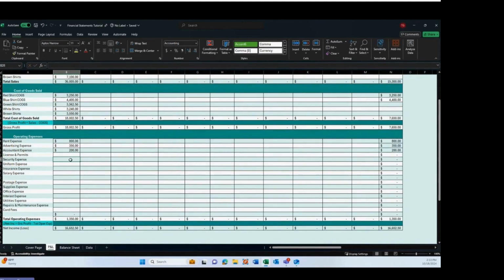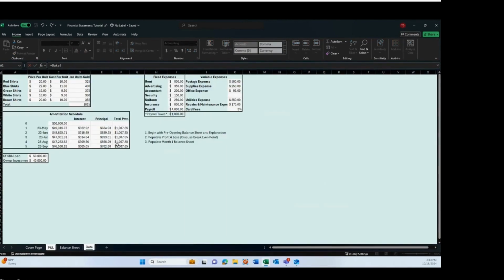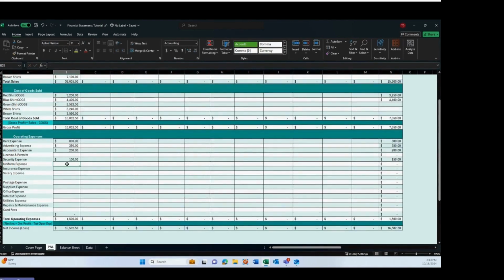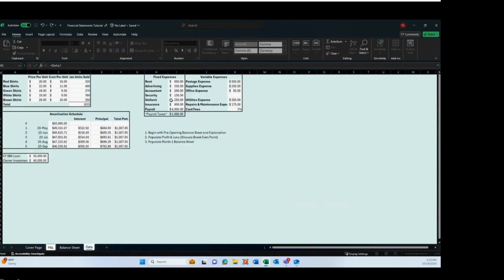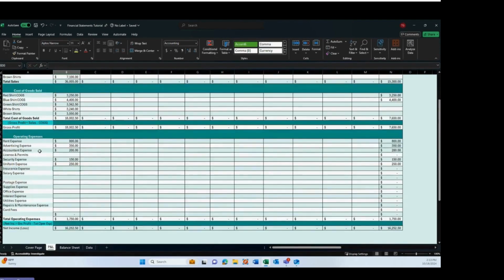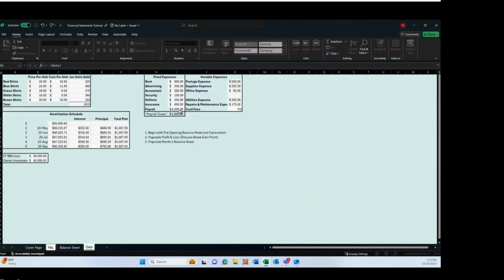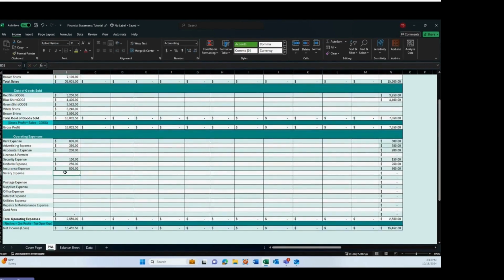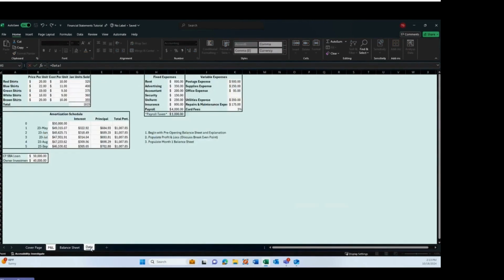Security expense equals, enter. Uniform expense equals, enter. Insurance expense equals, enter. And salary expense equals, enter.